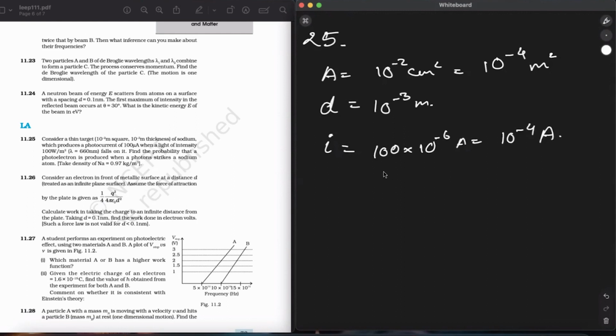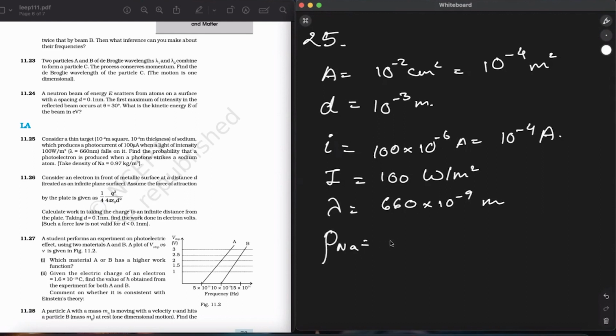Intensity has been given as 100 watt per meter square. Lambda has been given as 660 nanometers, so 660 into 10 to the power of minus 9 meters. Density has also been given to us. See how much data has been given. So density rho equals 0.97 kg per meter cube.